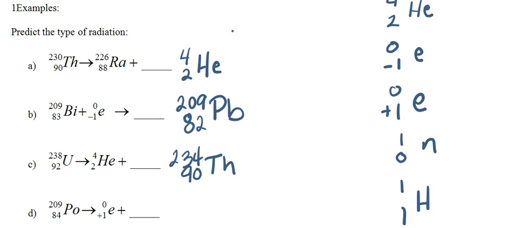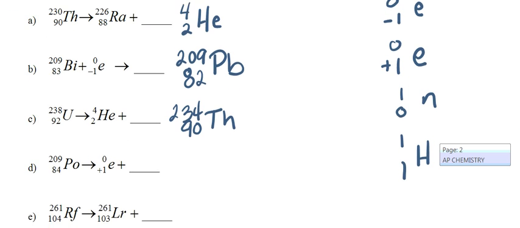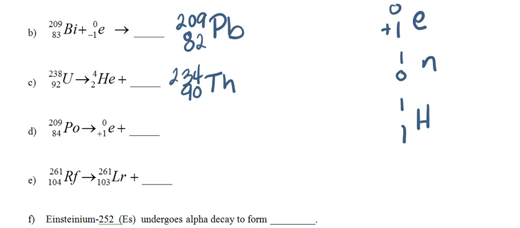There's lots and lots of isotopes that exist. You're never going to be required to memorize them. Just realize that there are isotopes that exist. So you don't have to worry about the mass number that's on the periodic table. Again, remember that the mass number is the average of all the isotopes that exist in nature. So we don't have to worry about which one it is. Well, in this case, it's thorium-234.